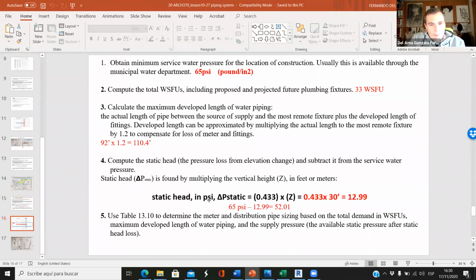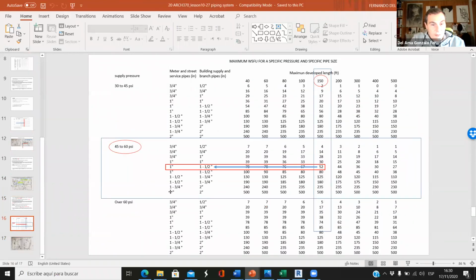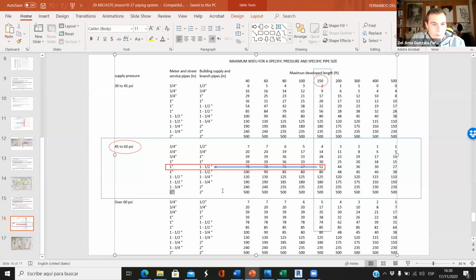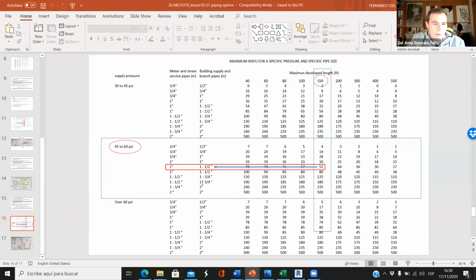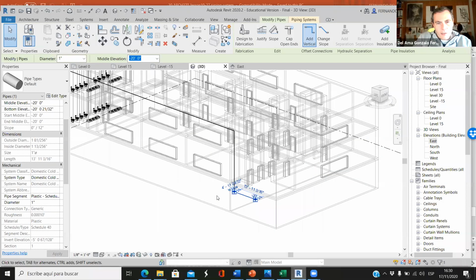Okay, the maximum pipe here is 2 inches. So 2 inches should be enough. So you have to find out if 1¾ is enough. I don't know. I think it will be close to 2 inches, between 1¾ and 2 inches. Anyway, you can spend 5 minutes of your lifetime doing this.